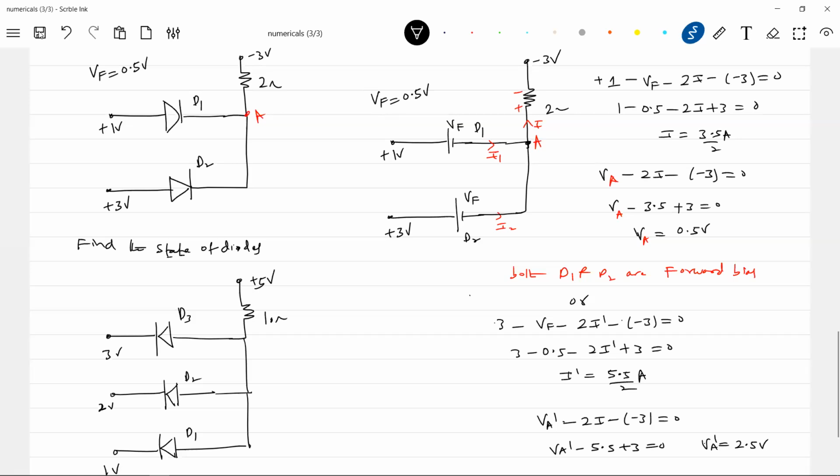Now you should answer. Both forward bias is more favorable.